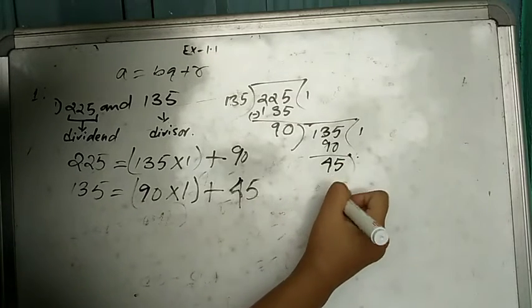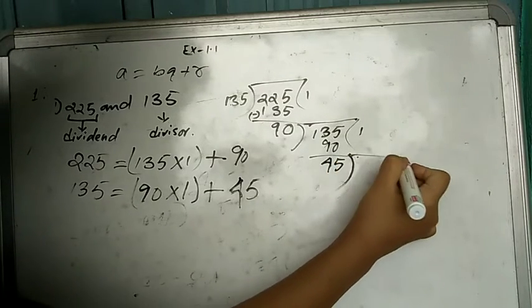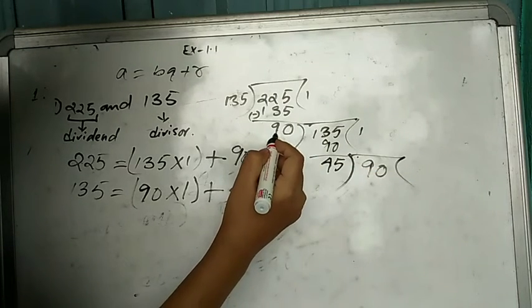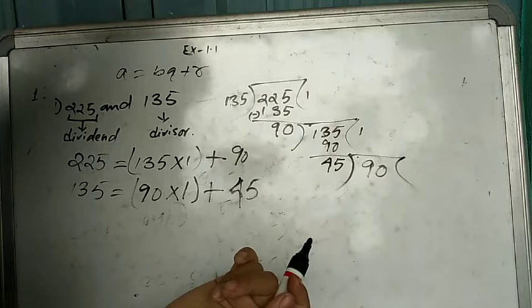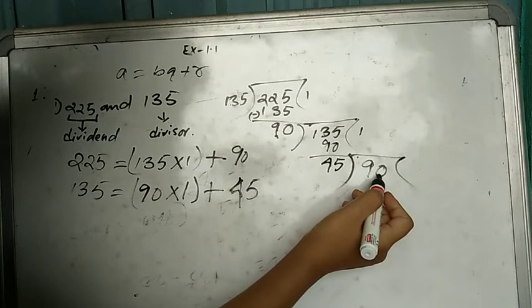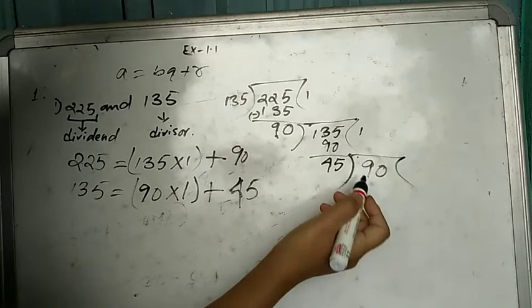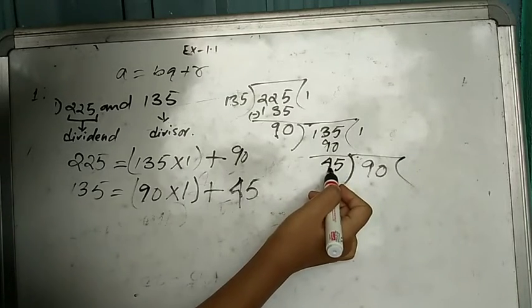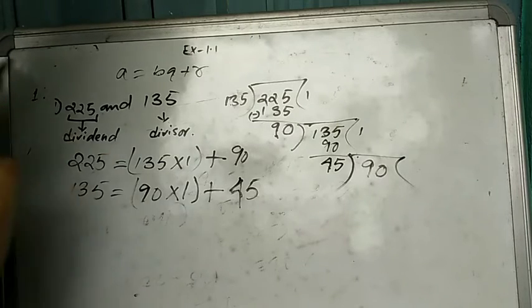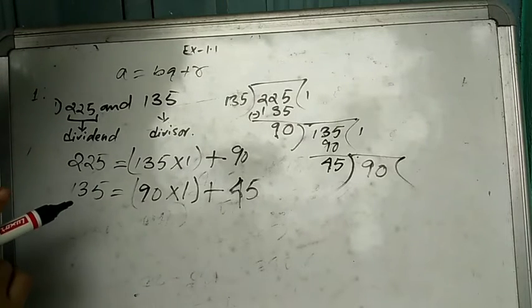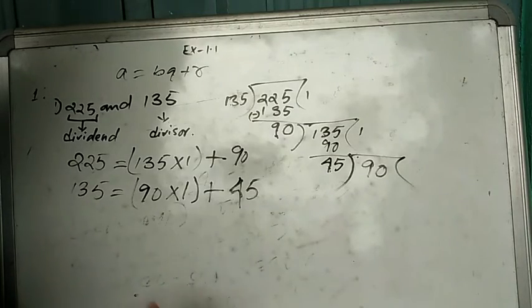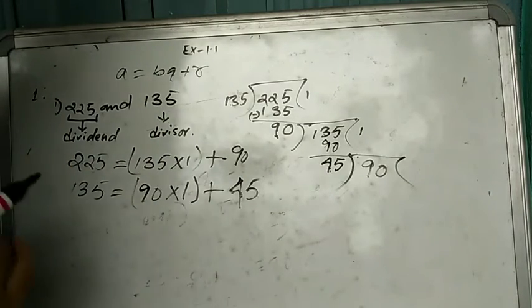In the next step, in the same way, write 90 over here, because this was the divisor. Now the divisor gets converted into the dividend in the next step, and the remainder gets converted into the divisor. Always remember that the divisor gets converted into the dividend and the remainder gets converted into the divisor, that is, the number that will be dividing the dividend.